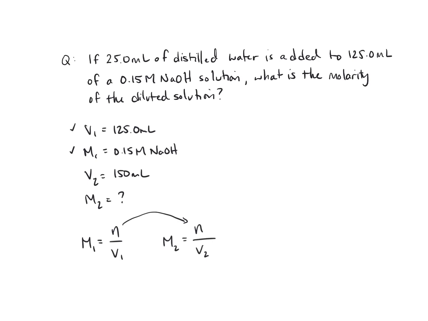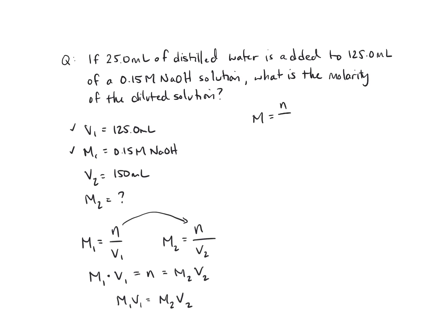We can also set this up a slightly different way. M1 times V1 is equal to n, and since those n's are equal, M2 times V2 is also equal to n. If we simplify that, it's M1V1 equals M2V2. There's multiple ways of solving this. I'm going to show the way I learned back when I learned this. I did it the long way.